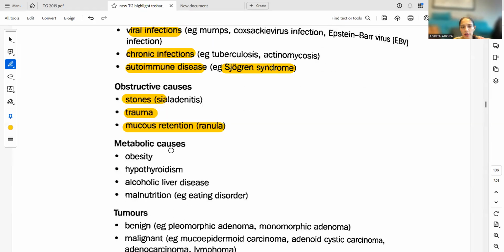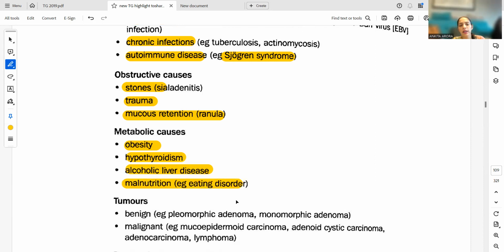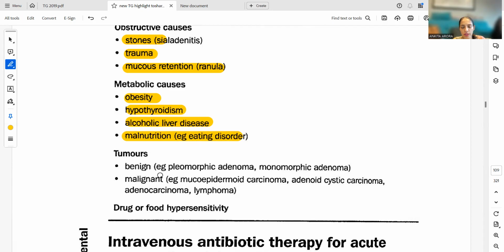Then we have metabolic causes, which include obesity, hypothyroidism, alcoholic liver disease, malnutrition, for example eating disorder. Then we have tumors, which could be benign pleomorphic adenoma, or malignant: mucoepidermoid carcinoma, adenoid cystic carcinoma, adenocarcinoma, or lymphoma.